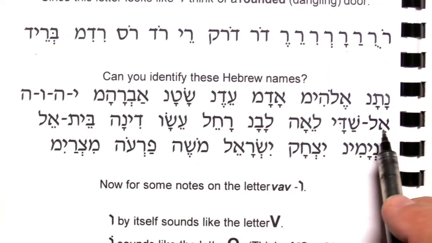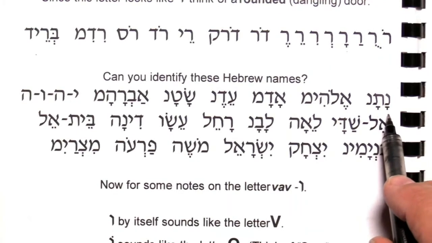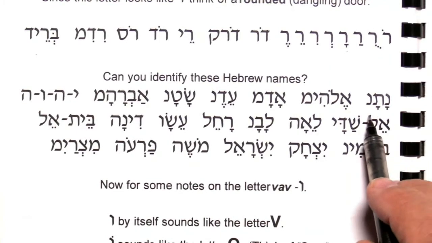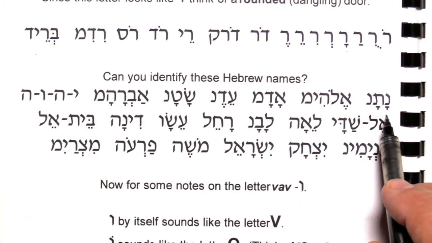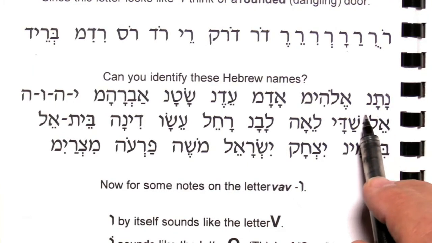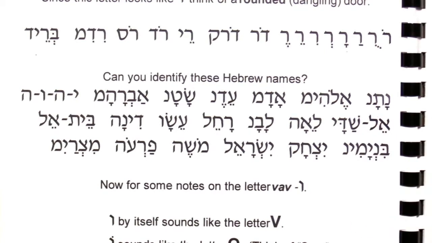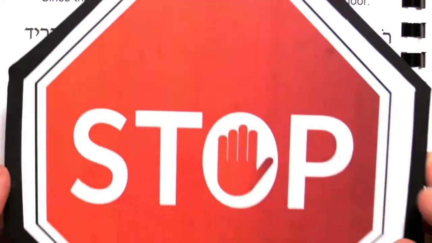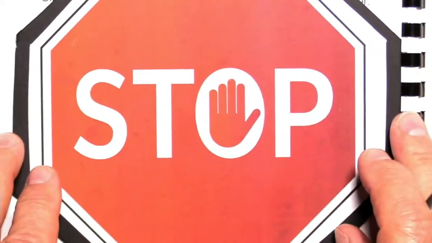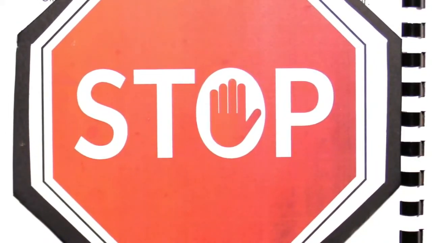For example, the very first one here is Natan. And in the Bible, in our English translations, it's pronounced Nathan, but in Hebrew, Natan. So take a moment and pause the recording. Take your time, and when you're ready to resume, hit play.